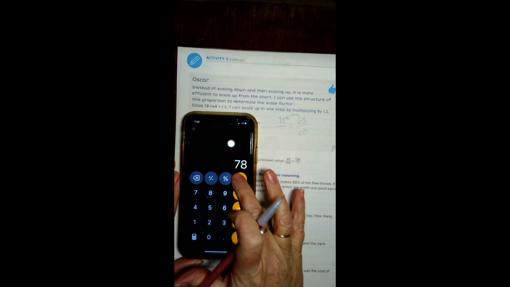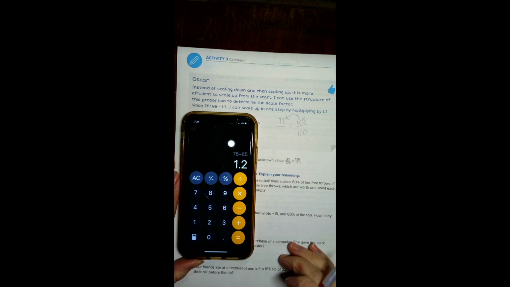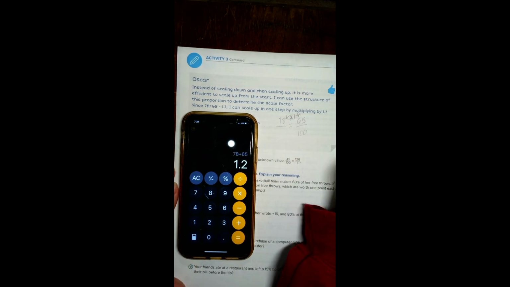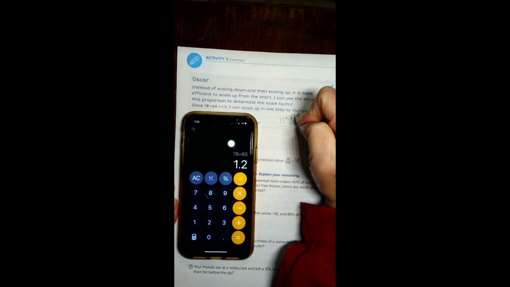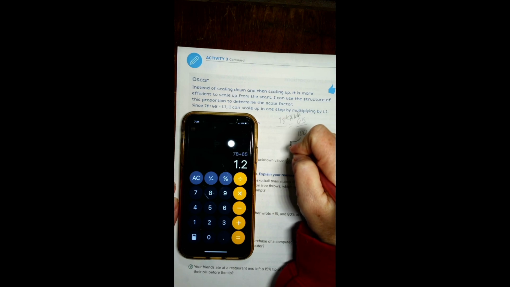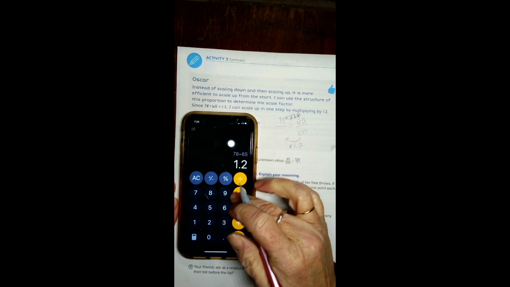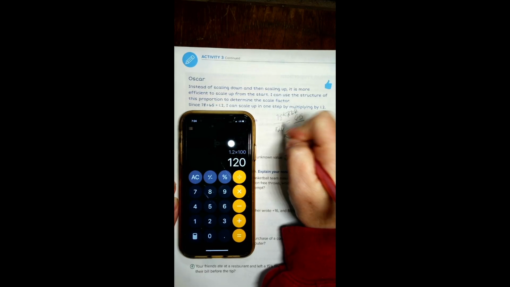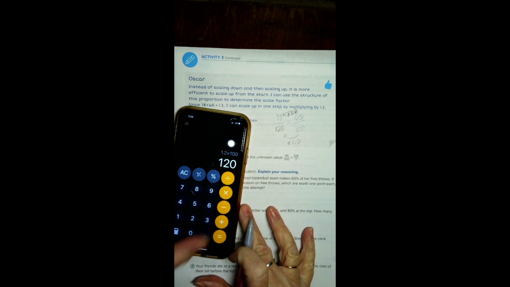So 78 divided by 65 gives us the 1.2. So we know we need to multiply by 1.2. So 1.2 there. So then I will multiply by 1.2 here. So 1.2 times 100 is 120. So that's what he did.